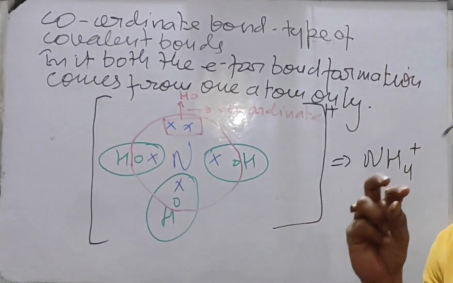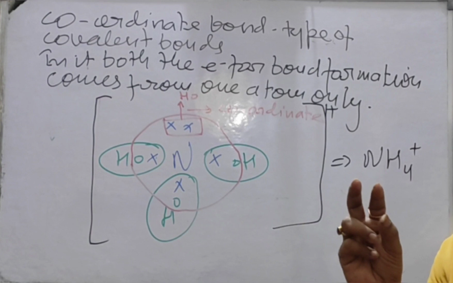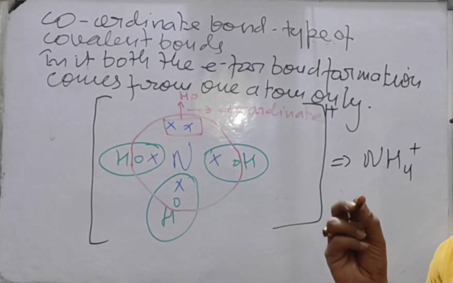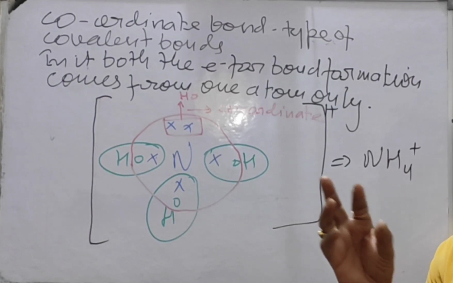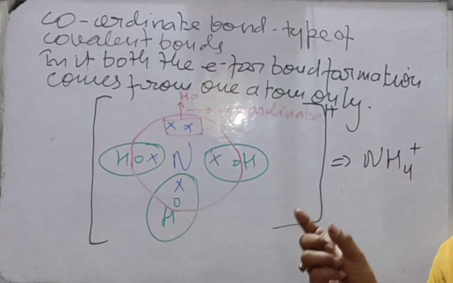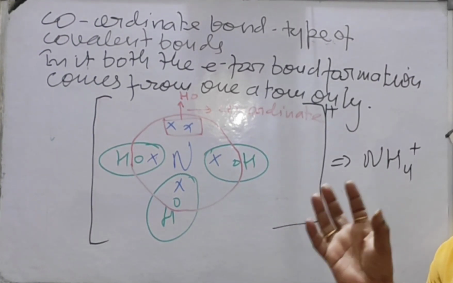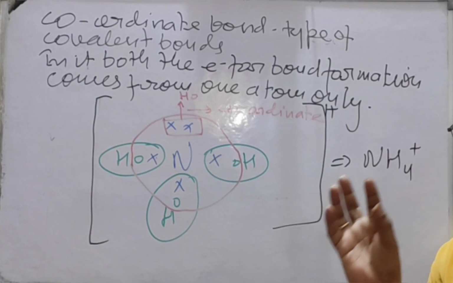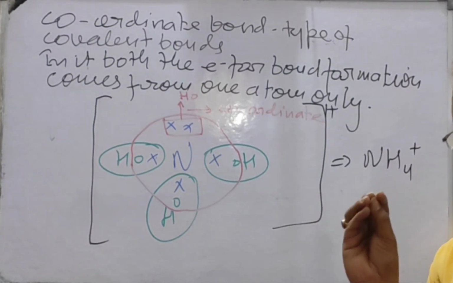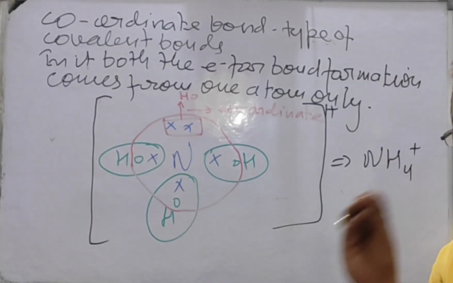If there is no difference in electron charge density, then they will be non-polar covalent bonds, and if there is a difference in electron charge density, then they are polar covalent bonds. And in polar covalent bonds there is a partial positive or negative charge.